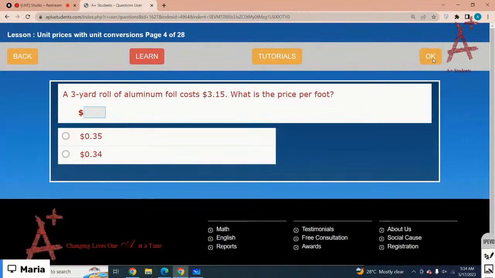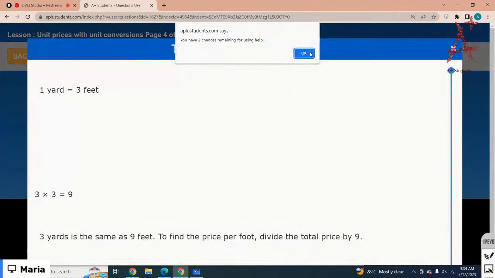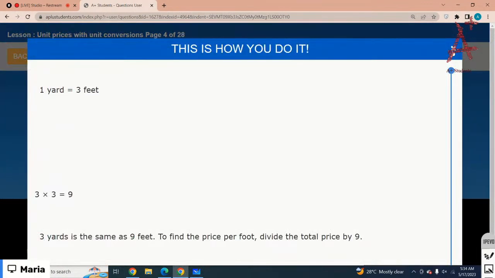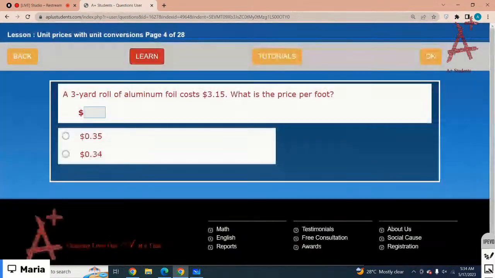Okay. The next one is a 3-yard roll of aluminum foil that costs $3.15. What is the price per foot? How many feet do we have in 1 yard? In 1 yard we have 3 feet.